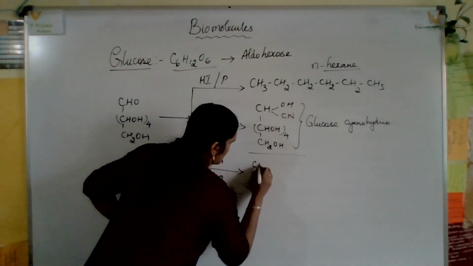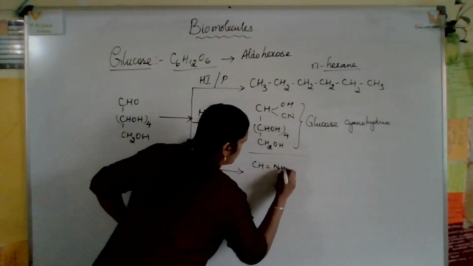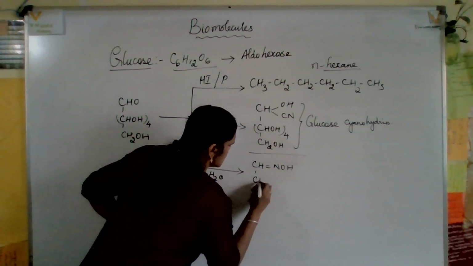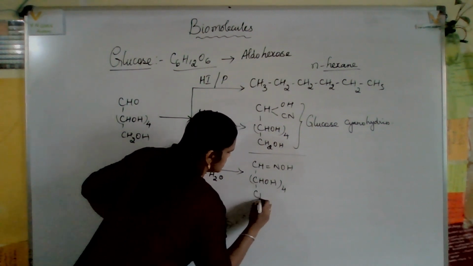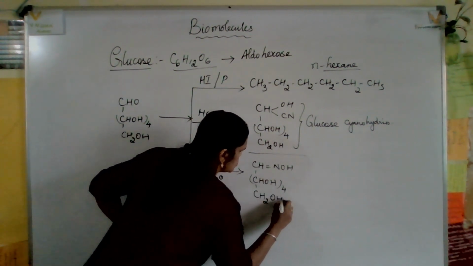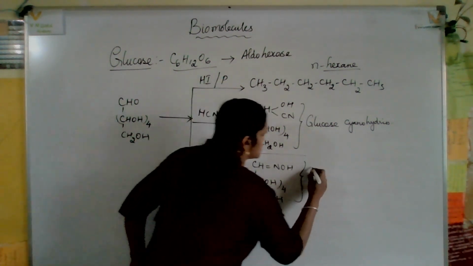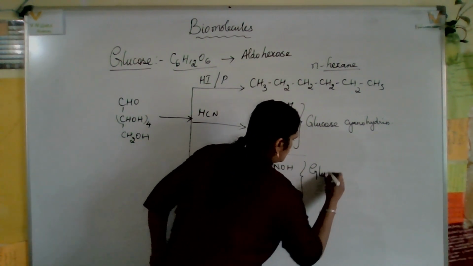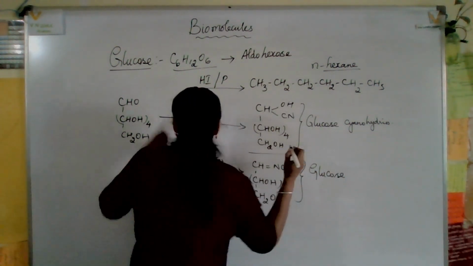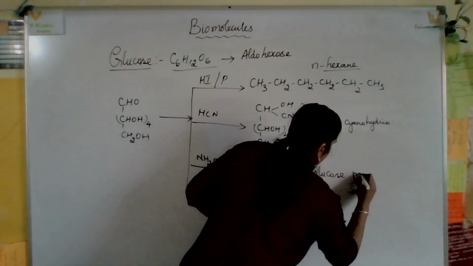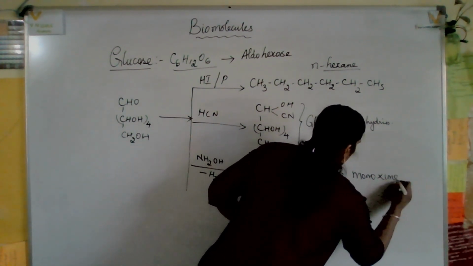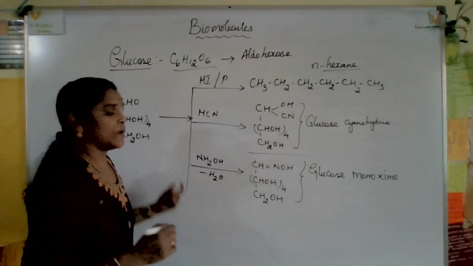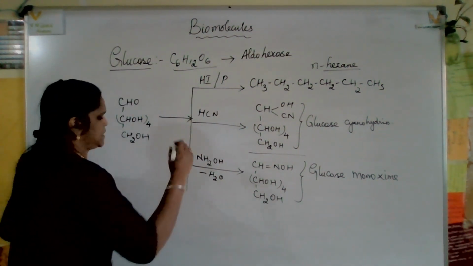CH double bond NOH, and CHOH 4 times, CH2OH. This is glucose monooxime. Through that we can make out that the aldehyde group is present.